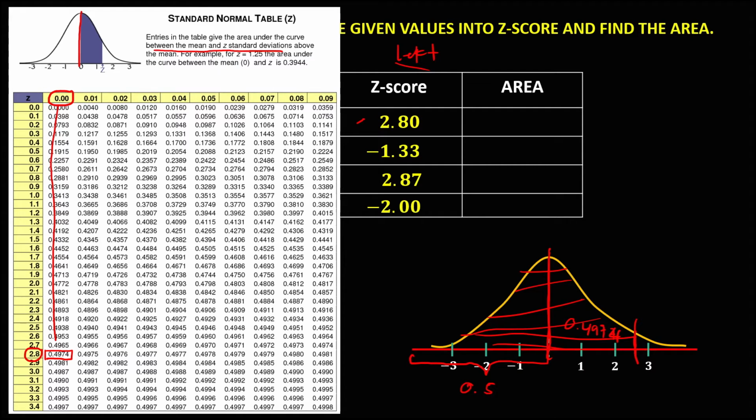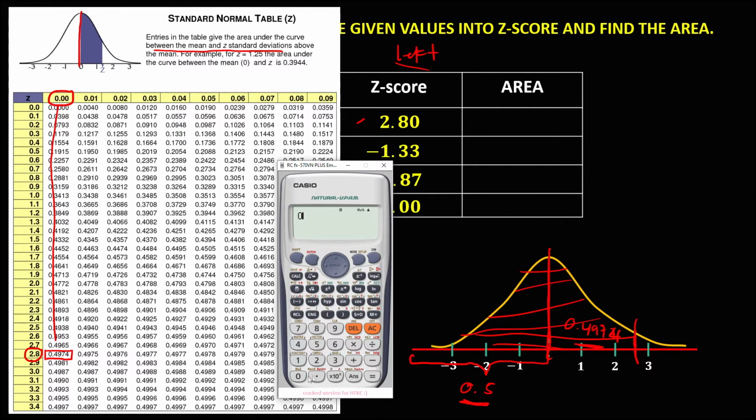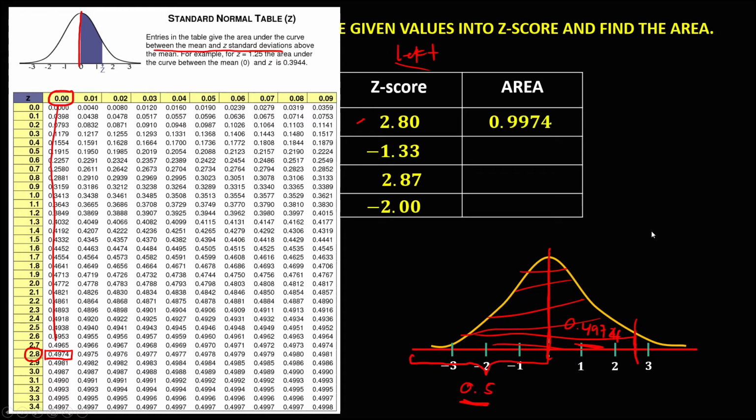So therefore, to find the total area, we just need to add these two areas. So we have 0.5 plus 0.4974. So the area for 2.80 is 0.9974.